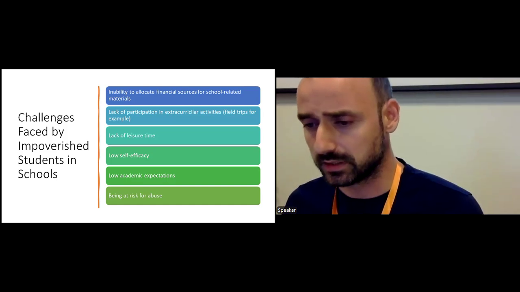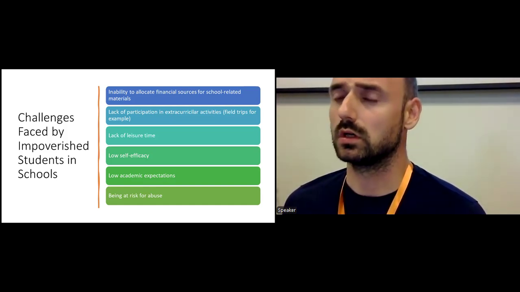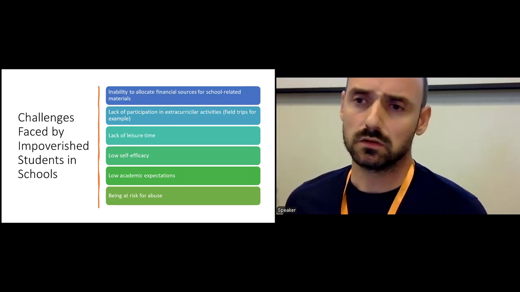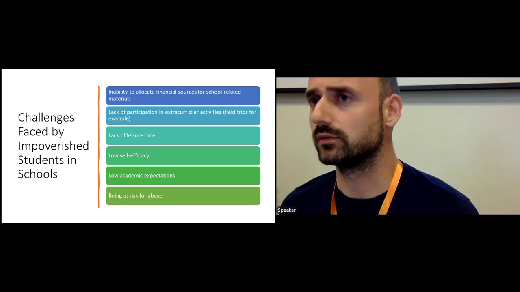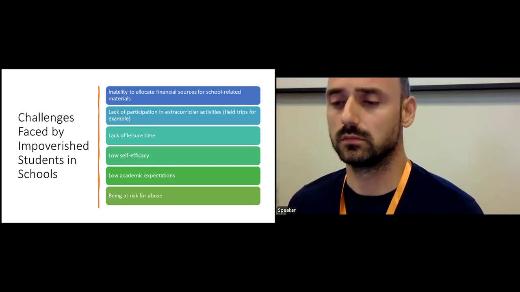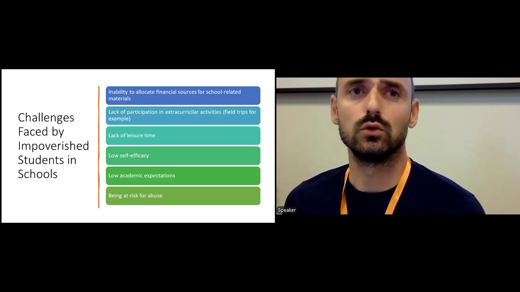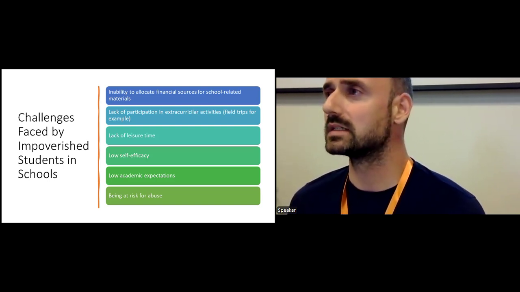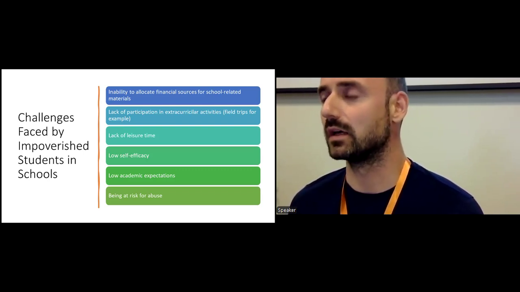Low academic expectations, obviously, and being at risk for abuse. If you know someone who has an impoverished background or you yourself come from an impoverished background, you should know that poor people can do many things for money, and that makes them vulnerable to being abused.